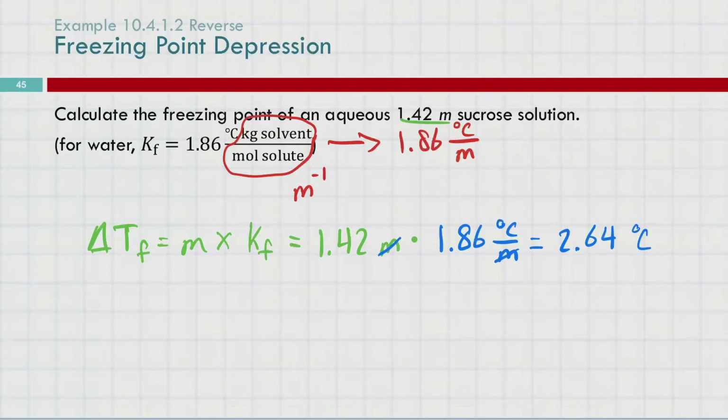What was the question asking for? Freezing point. What did we find? It's so much more fun when you participate.